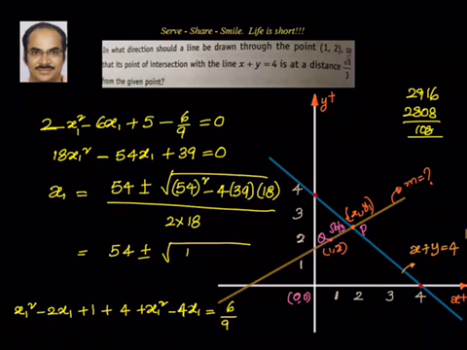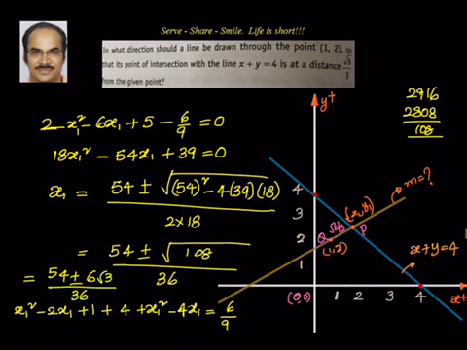So can I write down 108 divided by 36. If we simplify that, that's equal to 54 plus or minus root 108, which is 6 root 3, divided by 36.